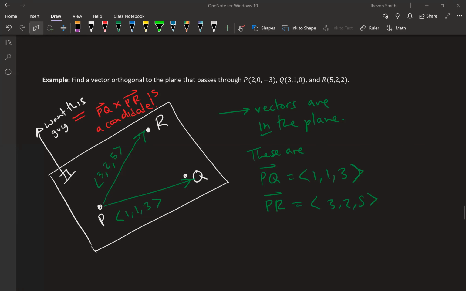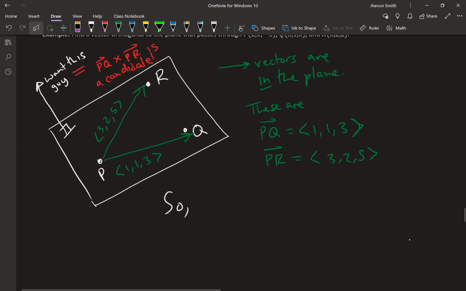We wanted a way to find a vector that is orthogonal to two other vectors. Once I know two vectors are parallel to a plane, then any vector that's orthogonal to those vectors will automatically be orthogonal to the plane. So a way to find a vector that's orthogonal to the plane is to find two vectors in the plane and then take the cross product. It's one of the best uses of the cross product, at least in the Calc 2 context, right?